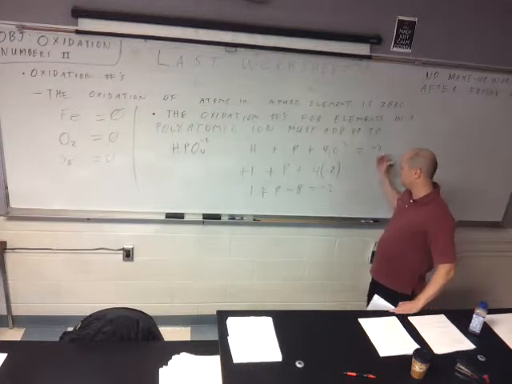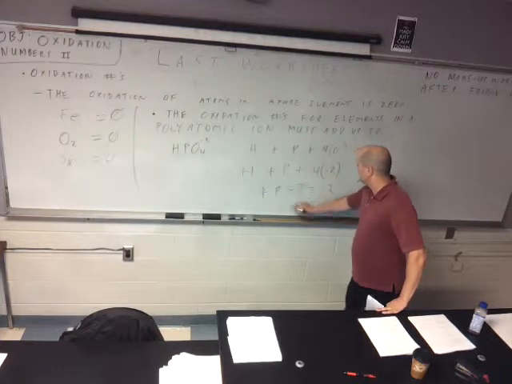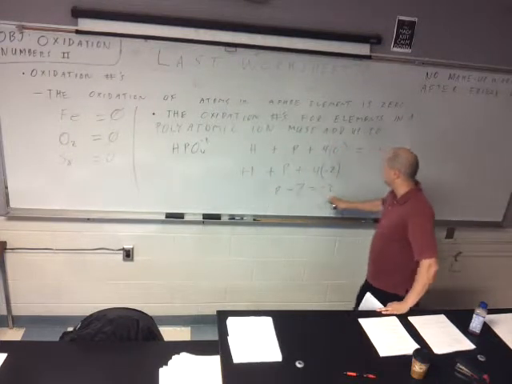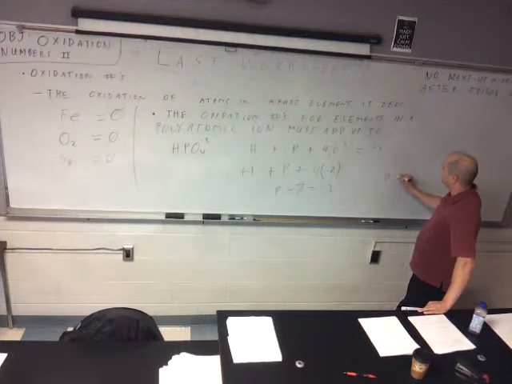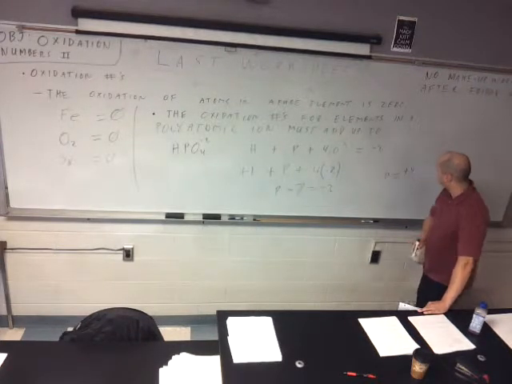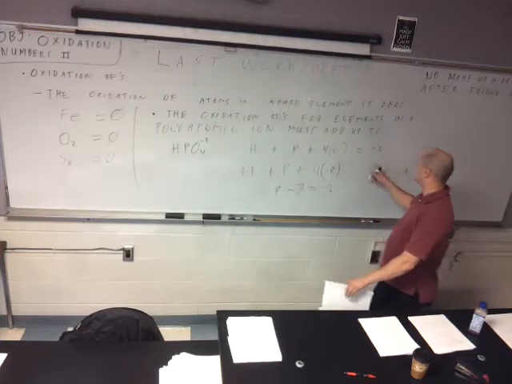The 1 and the 8 make it -7, so P minus 7 equals -2. If we add 7 to both sides, we end up with phosphorus having an oxidation number of +5. So if you put 5 in here, we should end up with -2.